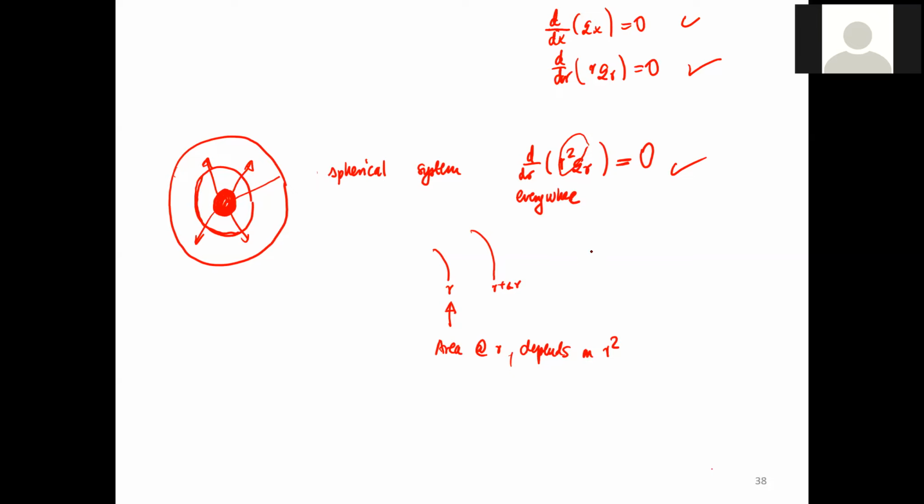Because how does qr look in the spherical coordinate system? In general, my q is minus k gradient of T in any coordinate system, right? Does everybody present agree with me? Yes. All right. So how do I make sure that in the spherical system something weird doesn't happen for r?